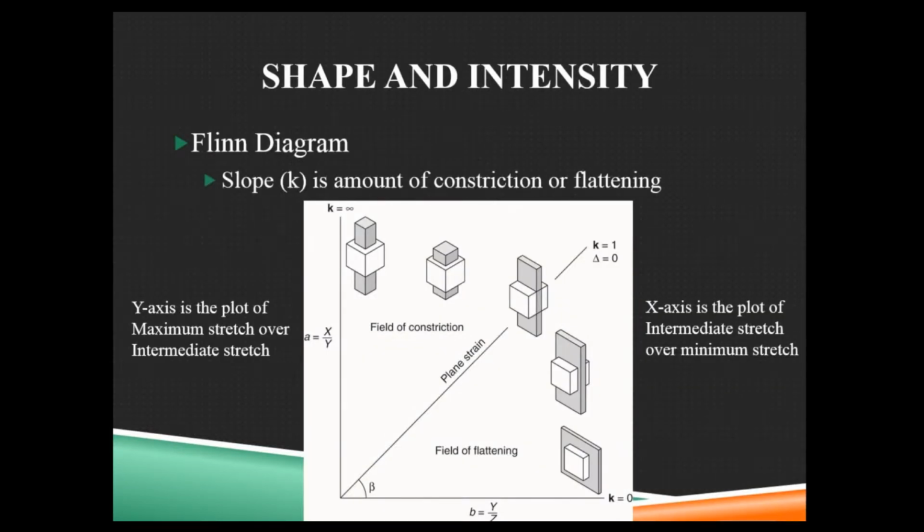A Flinn diagram is showing us a chart or a graph-based image, and the slope is the amount of constriction or flattening. So if you look, all of these are extending in the z direction, but in the top left here, it's compressing a lot in the x and the y, and an equal amount.